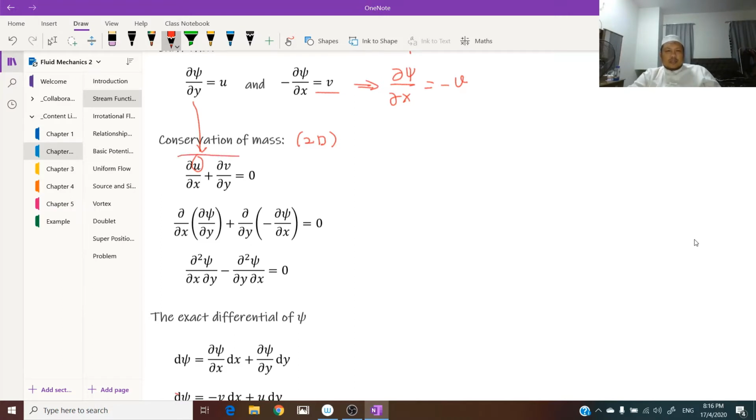Why? Because we want to prove that it satisfies the conservation of mass. If we solve this, we get ∂²psi/∂x∂y minus ∂²psi/∂y∂x equals 0. Therefore, we can conclude that these equations satisfy the conservation of mass.